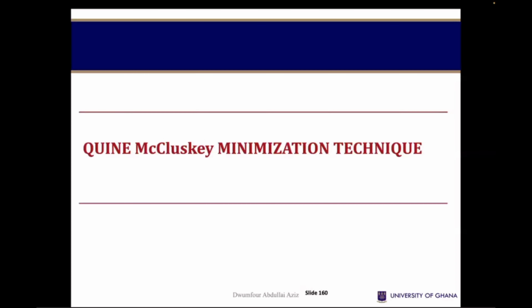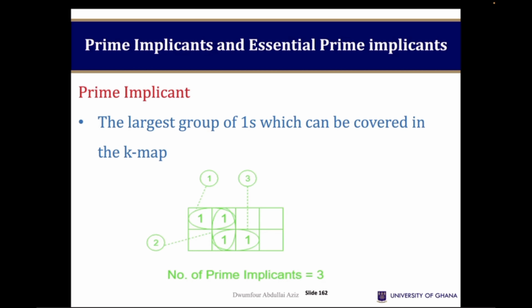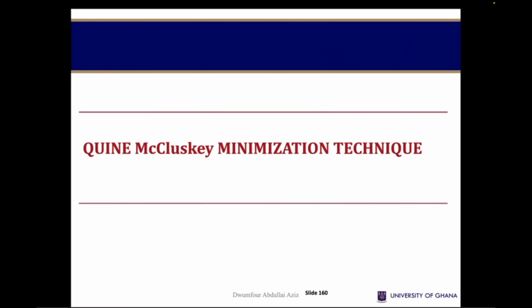So with this particular technique, it is more robust and allows you to deal with expressions with more than 4 variables. This method works first of all by identifying what we call the prime implicants and essential prime implicants.